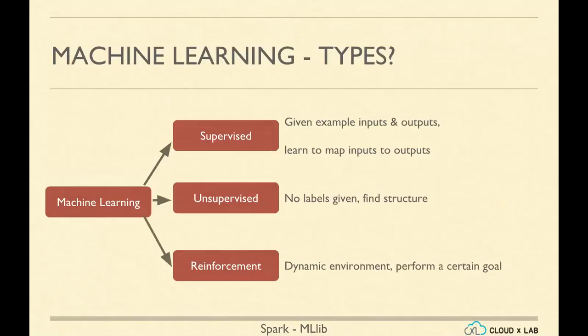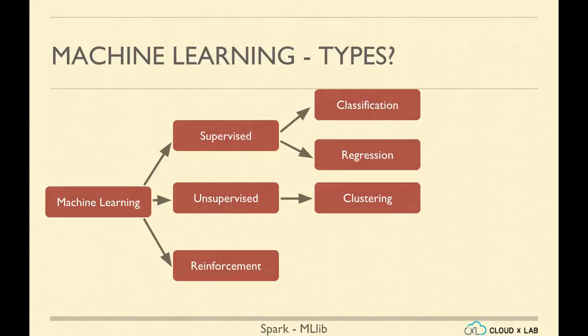The third kind of machine learning is reinforcement learning, where you have a dynamic environment and we perform a certain goal. Supervised learning is further classified into two buckets: classification and regression. In case we are trying to predict a numeric value, we call it regression. If we are trying to classify into one of the buckets, then it is called classification.